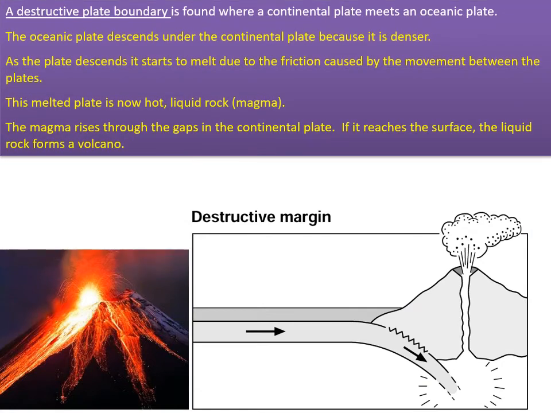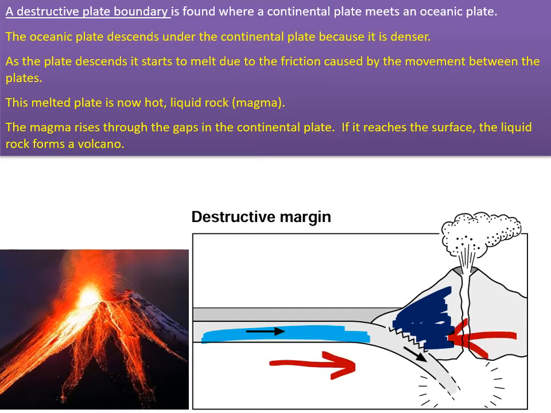So first, I'm going to look at our destructive plate boundary. This is formed when a continental plate meets an oceanic plate. We've got our continental plate here, with our volcano on it, and then we have our oceanic plate underneath our ocean. The two plates are pushing towards one another, and as they do, the oceanic plate goes down into the mantle.